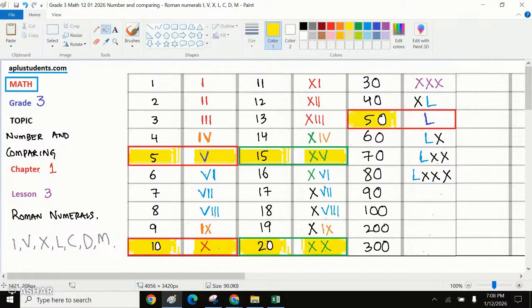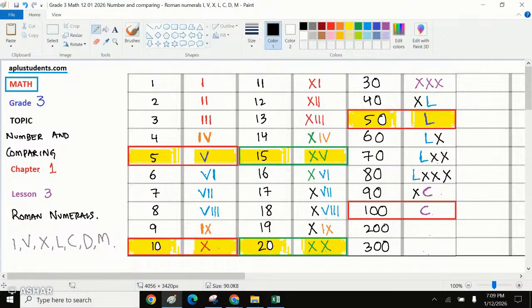We need to remember at least these, because at these points the alphabets are changing. 90 cannot be written as L with 4 X's next to it. 90 would always be written as 10 less than 100, and 100 is written as C. So XC would mean 10 less than the 100, right?